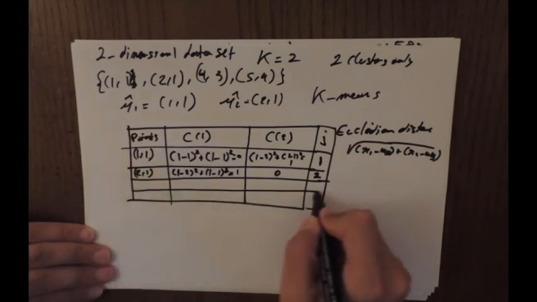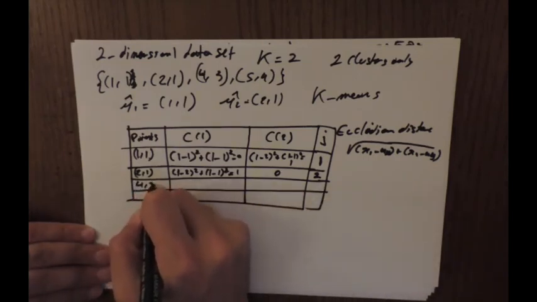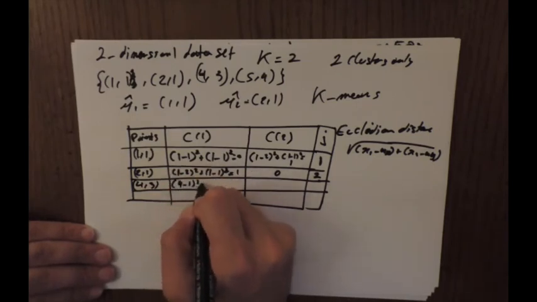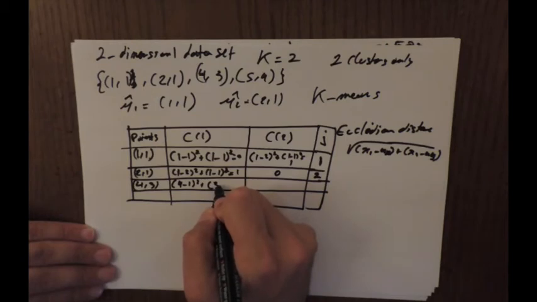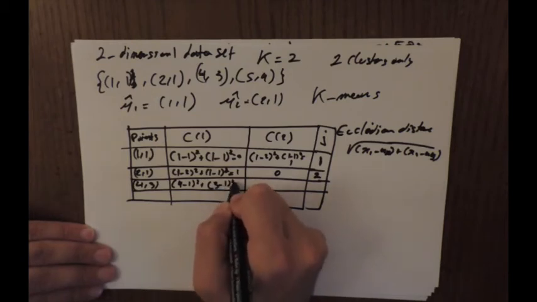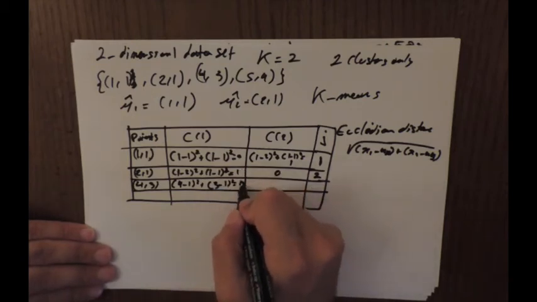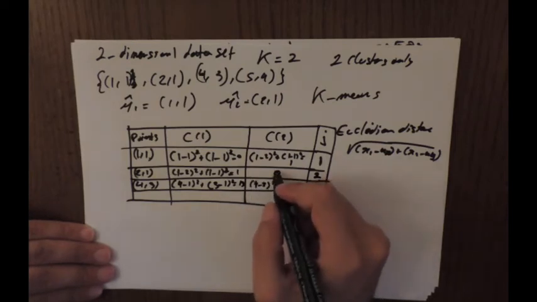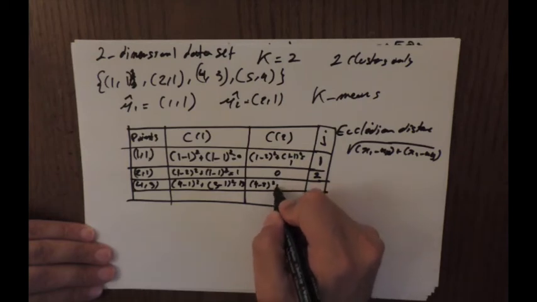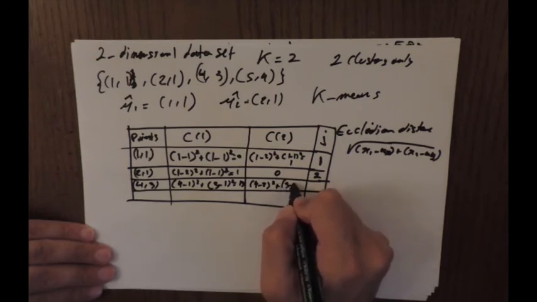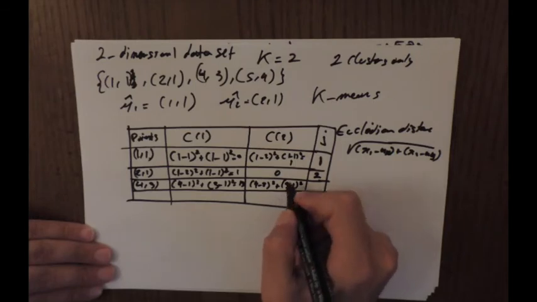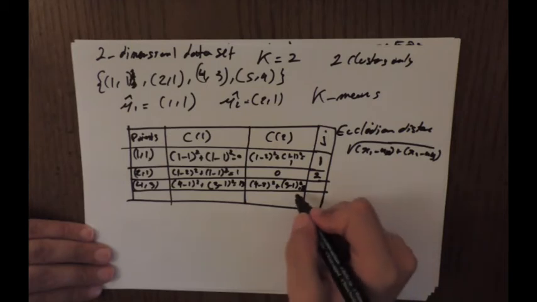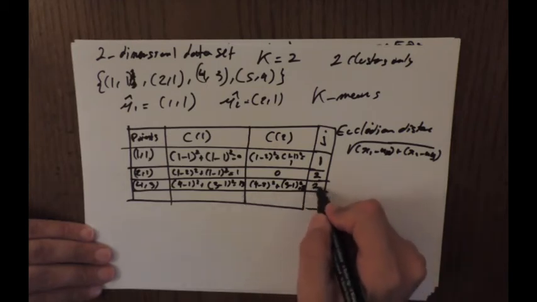So the third point is 4, 3. We calculate 4 minus 1 squared plus 3 minus 1 squared, which is equal to 13, and we have 4 minus 2 squared plus 3 minus 1 squared, which is equal to 8. So now 8 and 13, this will win.